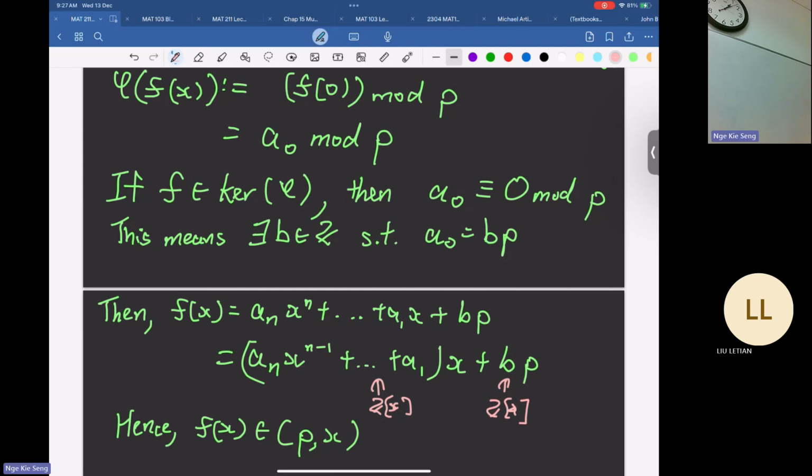Yeah, you cannot, you can only do it on the integers. Because you didn't see what R mod pR is, right? There's nothing like that.